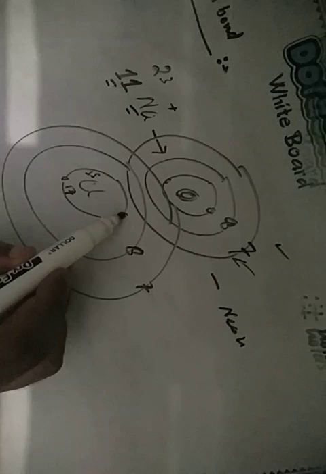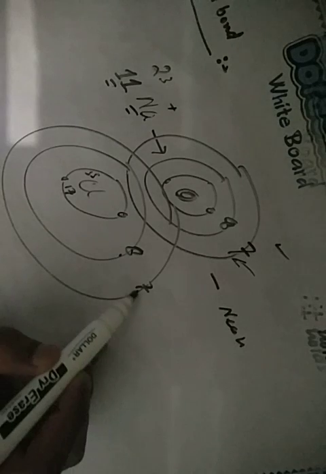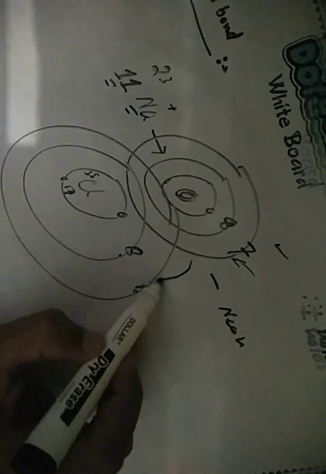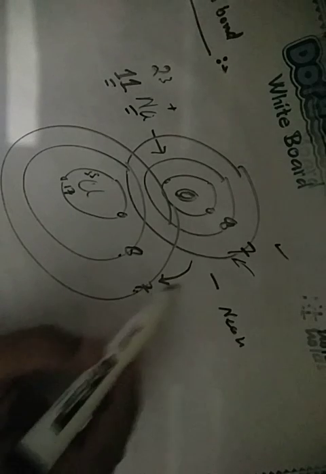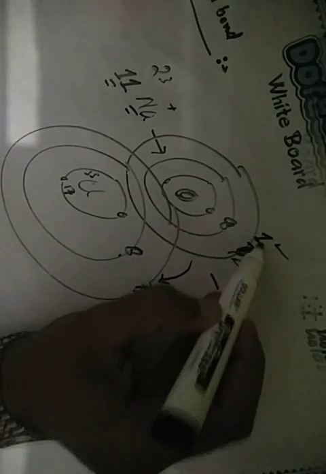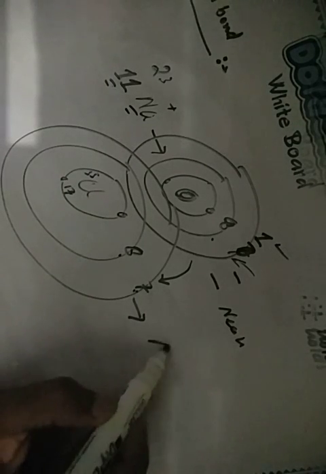So 2 electrons in the first shell, 8 electrons in the second shell, and 7 electrons in the third shell. When chlorine gets 1 electron from the sodium atom, it gets the electronic configuration of argon. Sodium gets the electronic configuration of neon, and chlorine gets the electronic configuration of argon.